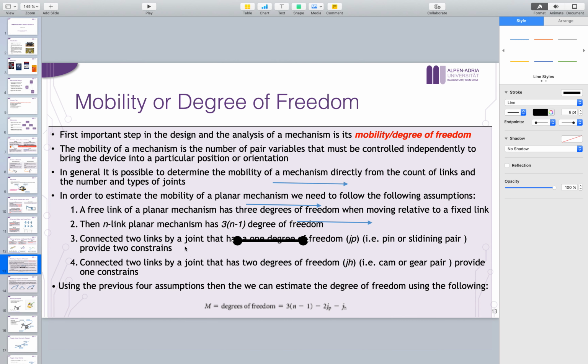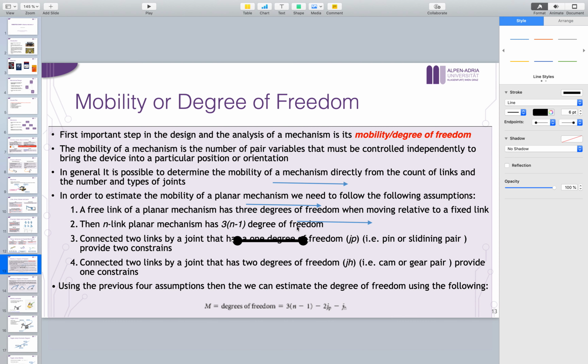So if I look at these 4 links, there will always be, of course, the base, and the other movable links. So here in total we have 4 links, and what we see here is how many degrees of freedom we have initially, before doing any connection between these links. Now we have 3 multiplied by n minus 1. This minus 1 represents the frame because it's always static, so it has no degrees of freedom.